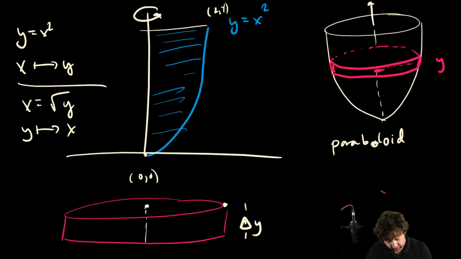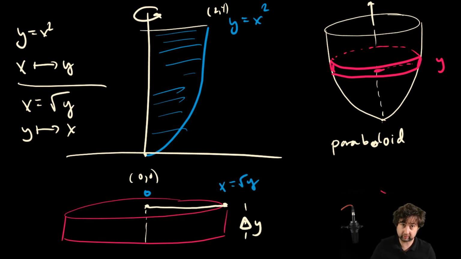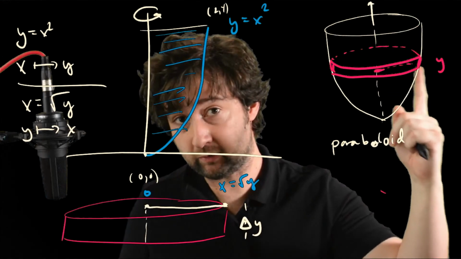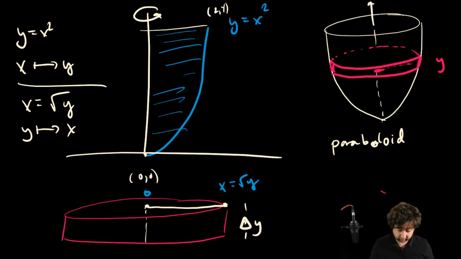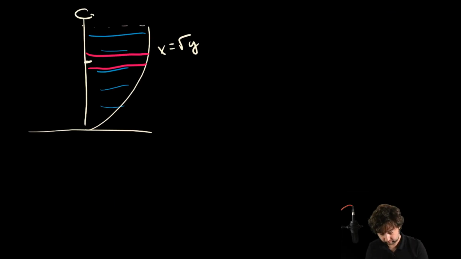So this function defines the radius from 0 in the middle out to x is equal to the square root of y on the outside. And the reason that it's a function of y is because all of this is dependent on where this slice was located, which is a y value. Okay? So how do we put all this together? So that's the setup for the region.